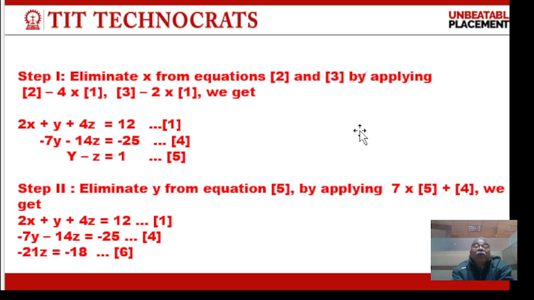With the help of equation number 4, eliminate y from equation number 5. To eliminate y from equation 5, applying 7 into equation 5 plus equation 4, we get 2x plus y plus 4z equal to 12, equation 1, minus 7y minus 14z equal to minus 25, equation 4, minus 21z equal to minus 18, equation 6.